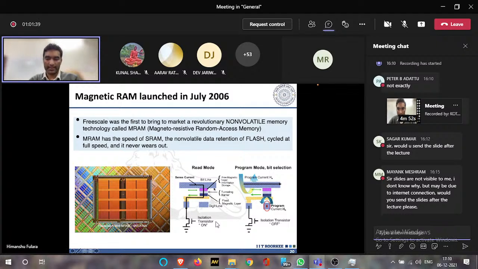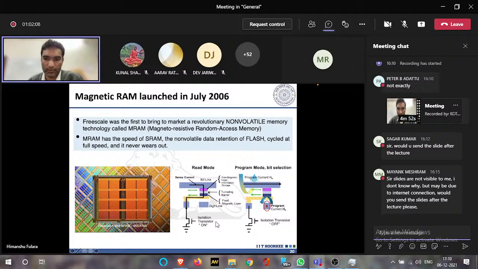And this is just a concept of how these elements are used in order to read this information. So here you see that one such element is used. This is more like an engineering concept, but the idea is how it provides you different configurations for the 1 state and 0 state.